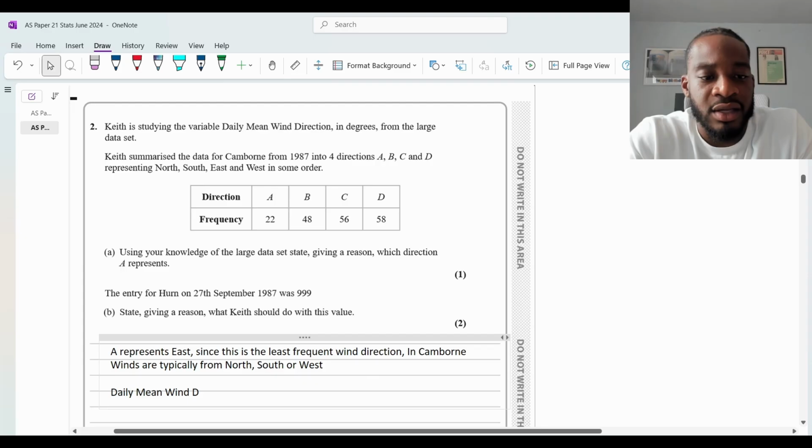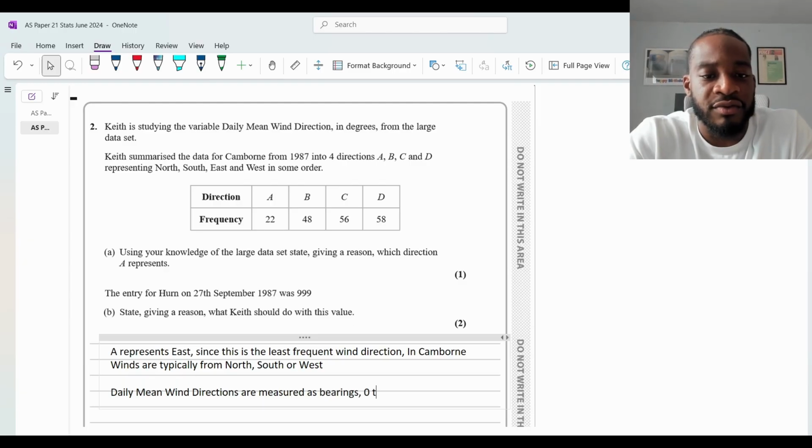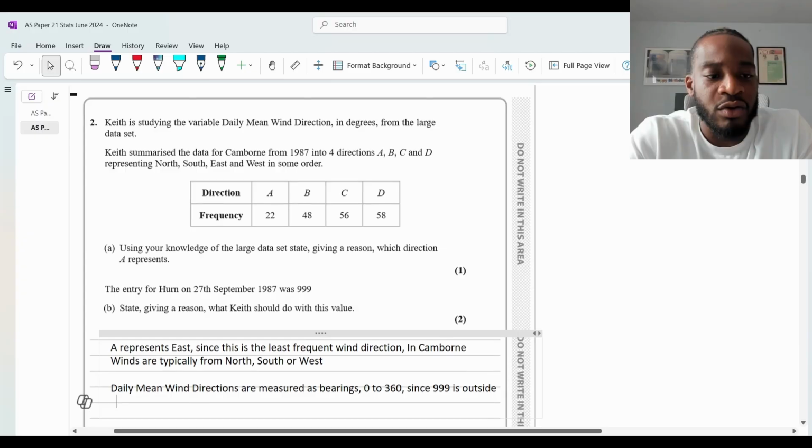And directions are measured as bearings. So I'll write 0 to 360, right? And then you're going to say, since 999 is outside of this range, Keith should remove this value.